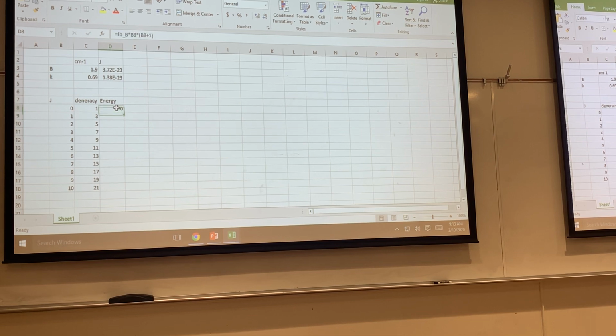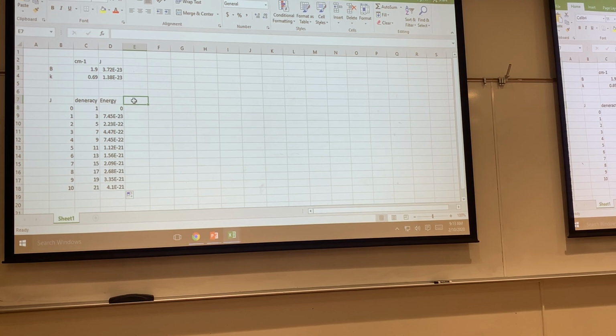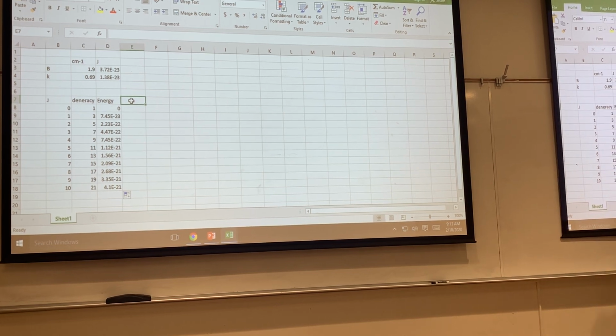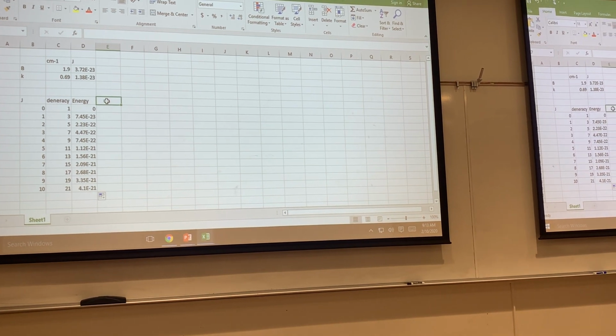That gives me the energy. It is 0, of course, because J is 0 here. But here it gets interesting. Okay. So now I have the start of my table over here.